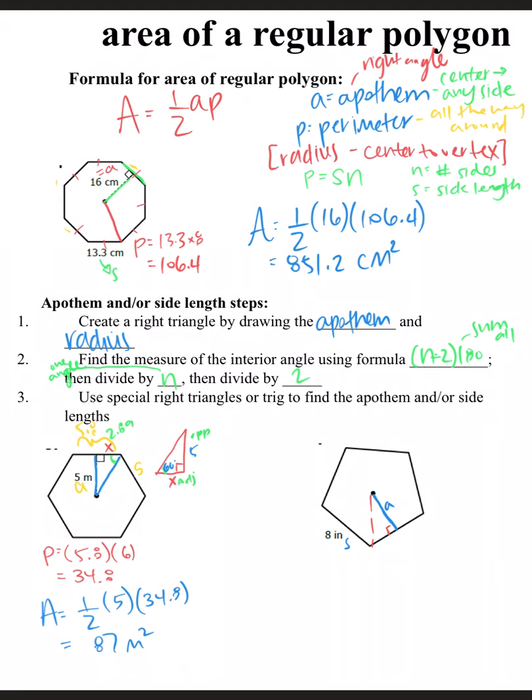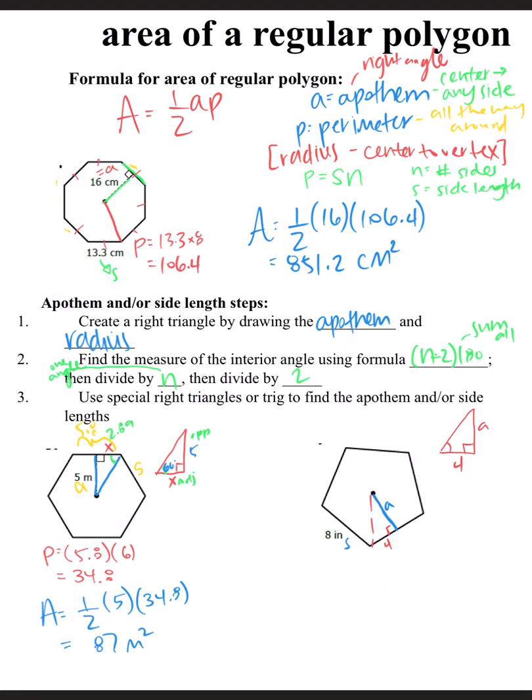And I need to find my A. Do you see that whenever I draw my triangle, just like we did here, it's only half of the side length? So instead of right here of our triangle it being 8, it's going to be 4. So my triangle, we need A, we have 4.